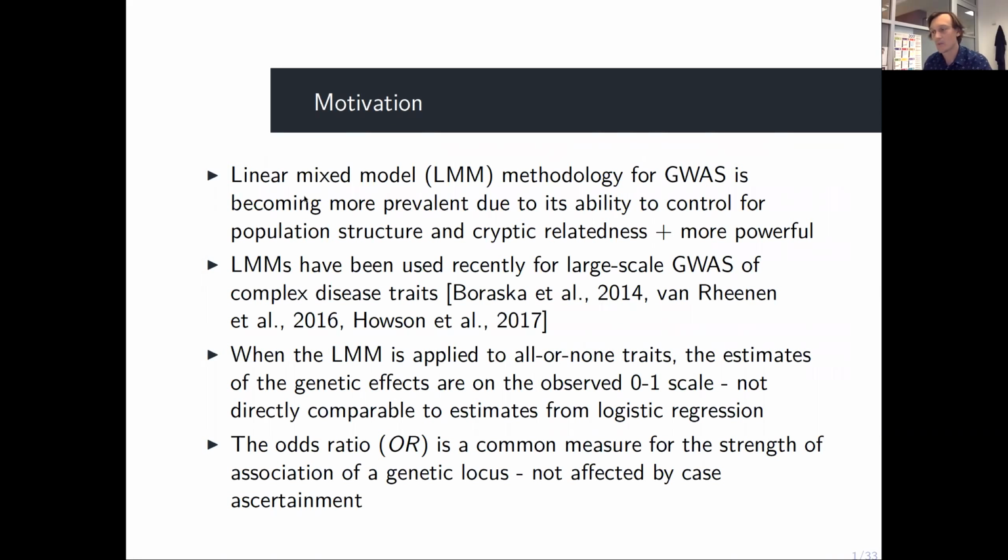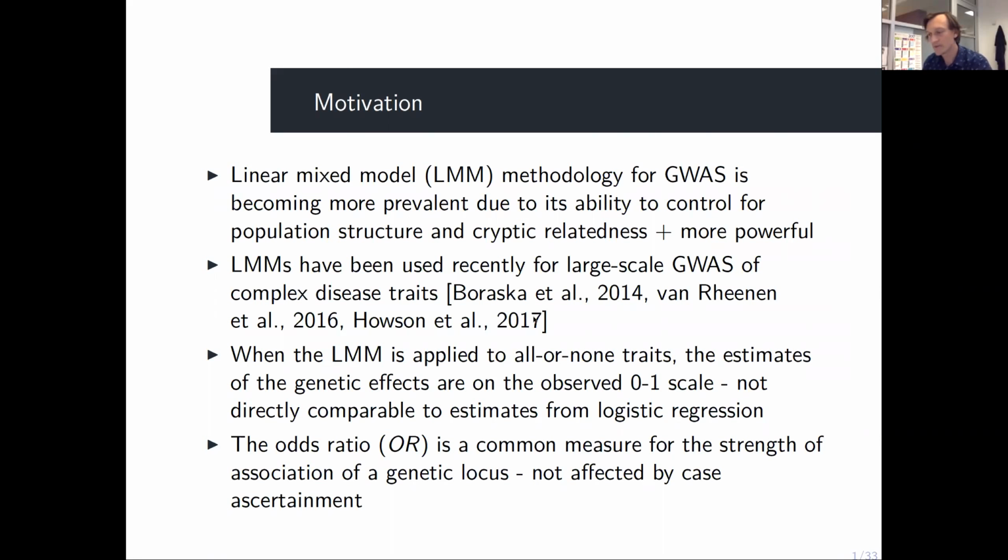Classically, it came out of the animal science and plant breeding literature and moved its way into the human genomics literature, and has mainly been used to characterize genetic variation in complex traits, but recently has moved towards large-scale GWAS of complex disease traits, where they just use the linear mixed model but plug the phenotype in as 0, 1. The papers I cite here are examples of that.